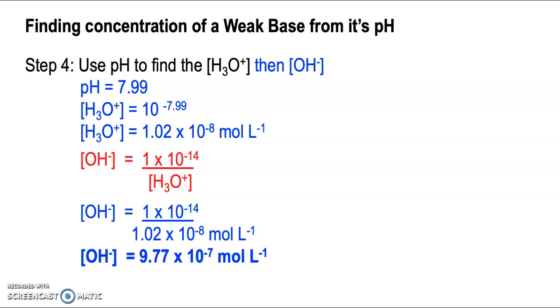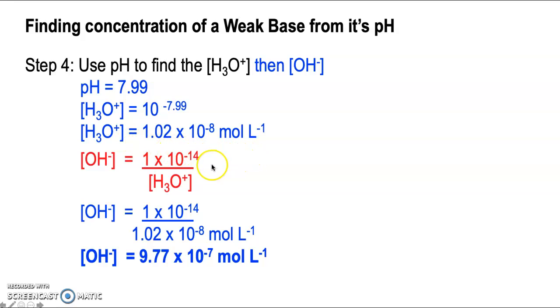Step 4 is to now find firstly the hydronium concentration from the pH. So we've got the pH of 7.99. To find the hydroniums, it's the inverse log of that negative pH value, which gives us our hydroniums. We need to take this one step further because we need the hydroxide concentration.